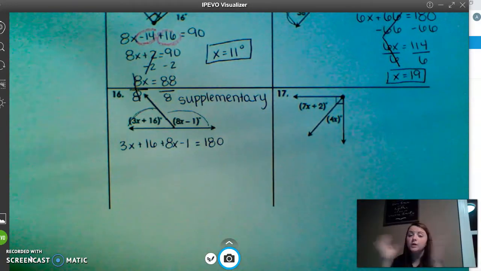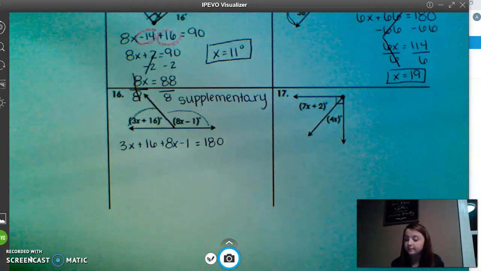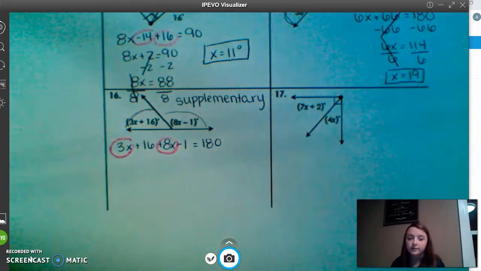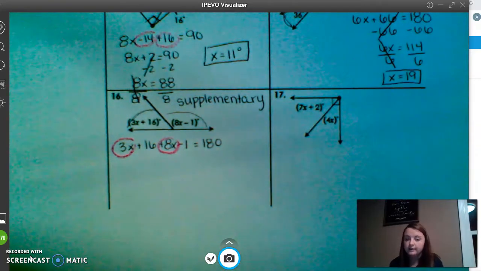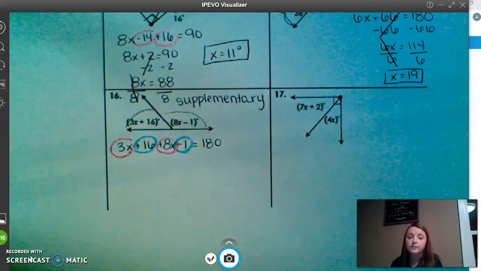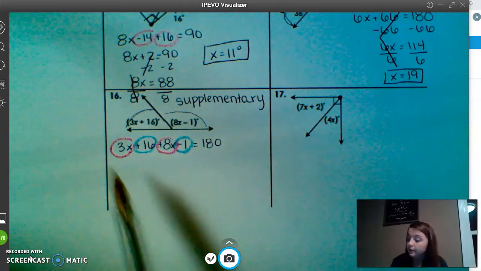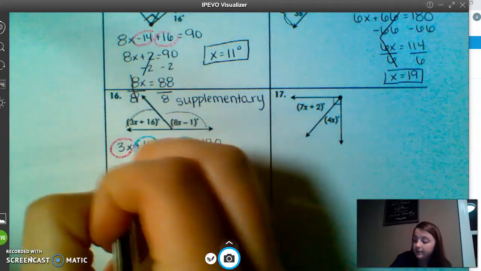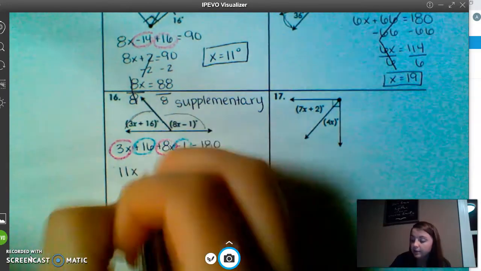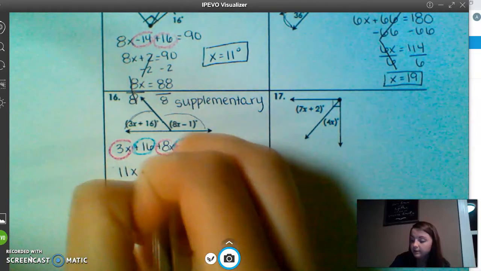You have to think about what all like terms you have on the same side. So I know 3x and 8x are like terms, and 16 and negative 1 are like terms. So I'm going to put them together. 3x plus 8x is 11x, and 16 minus 1 is positive 15, so plus 15.